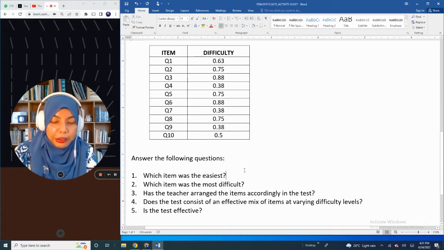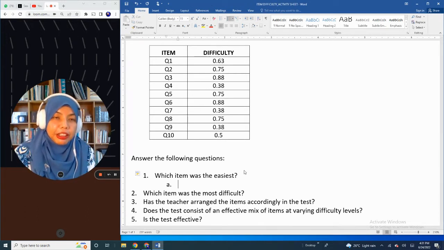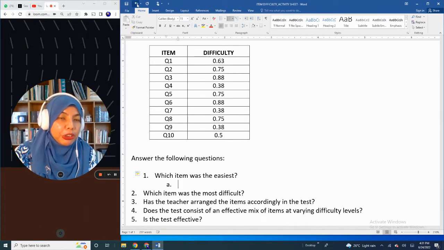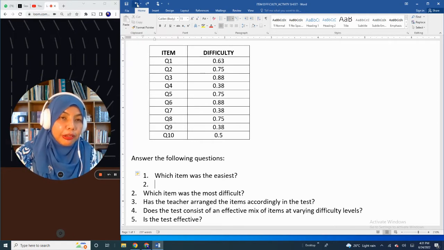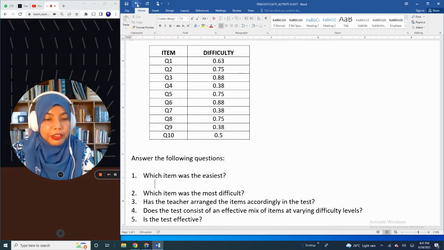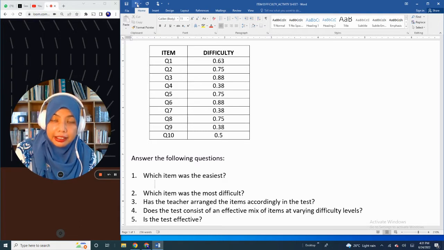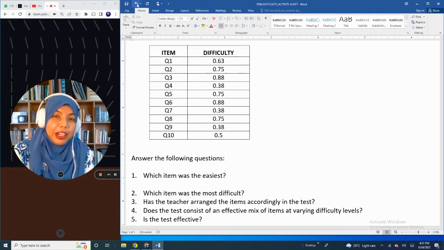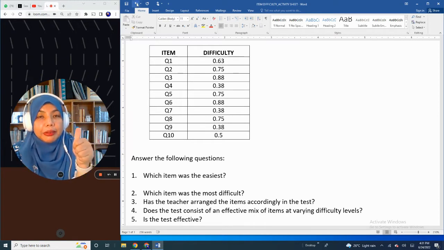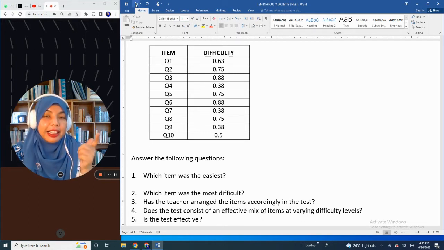Okay, so how do we answer these particular questions? Remember, I mentioned that when you are answering these questions, don't forget to include 3 pieces of information. Then only your answer is complete. You need to state the item number, the index of difficulty, and the third aspect is to interpret the meaning of the index.